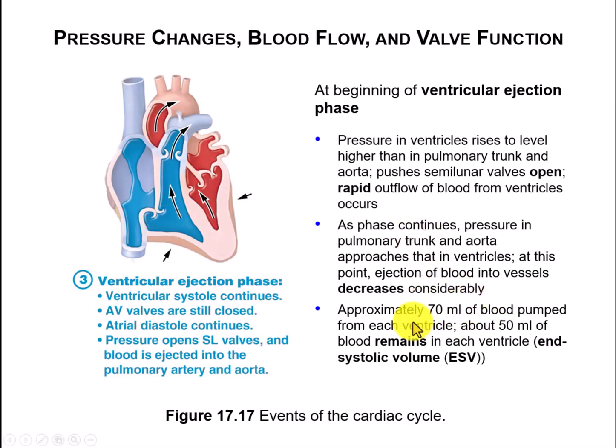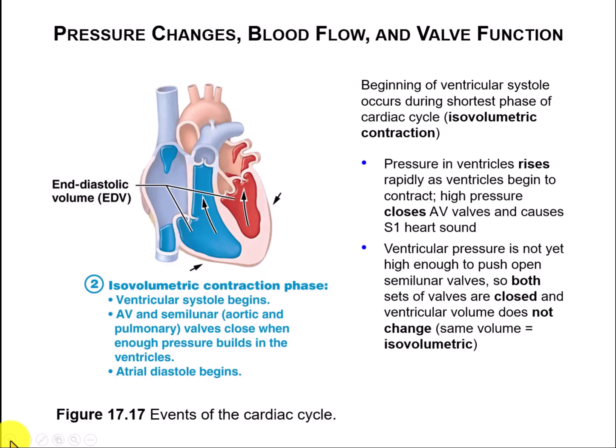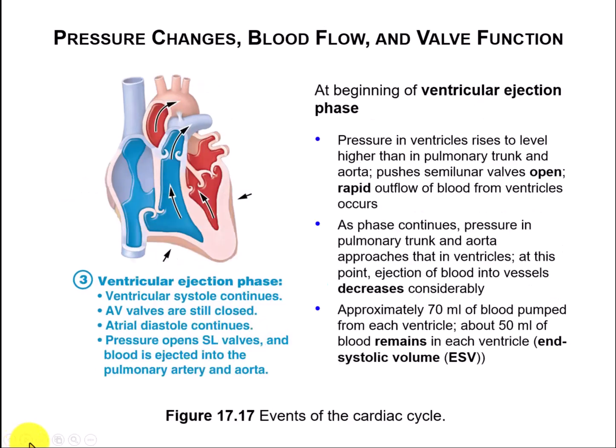With each ejection phase, we push out about 70 mL of blood, with 50 remaining in each ventricle. At the beginning, this is our end diastolic volume, which is the most, and at the end of the ejection phase is where we get our end systolic volume.